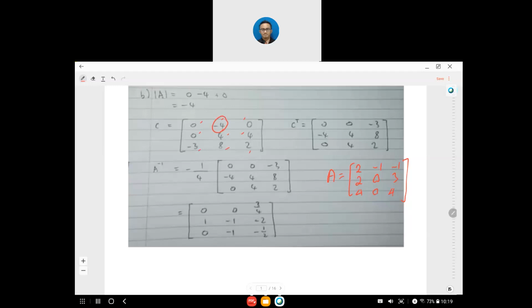This is C12, which equals the determinant of 2, 4, 3, 4. How do you get it? 2 times 4 is 8, and then minus 12, so negative 4. That is correct.